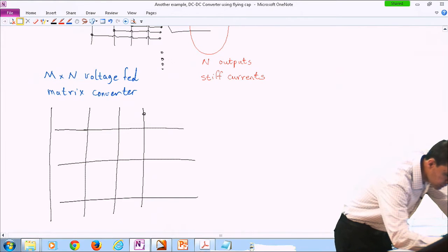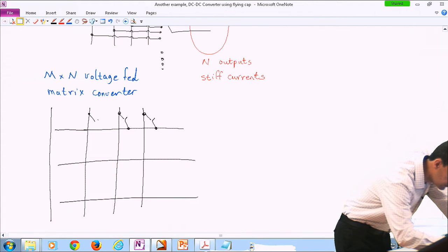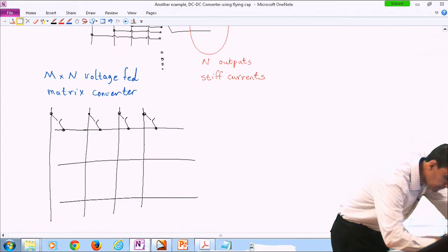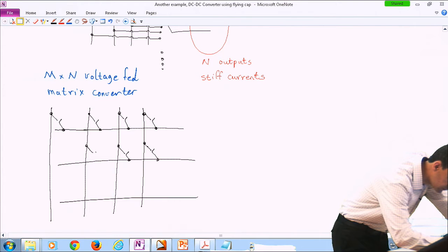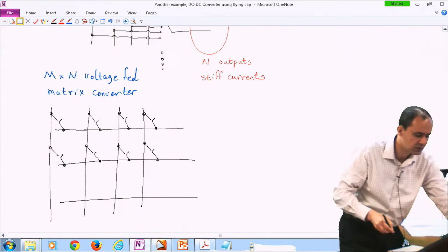And you add a bunch of switches over here. This is kind of like a switch realization.